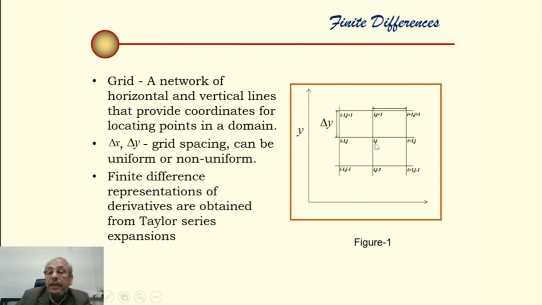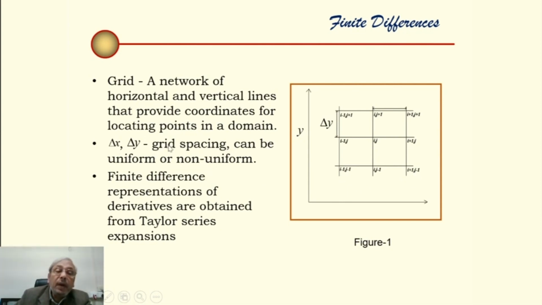Like if this is i,j, this is i+1,j, this is i-1,j, this is i,j+1, this is i,j-1, this is i+1,j+1, this is i-1,j+1, this is i-1,j-1, this is i+1,j-1.